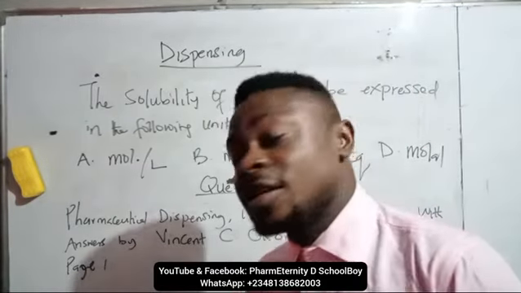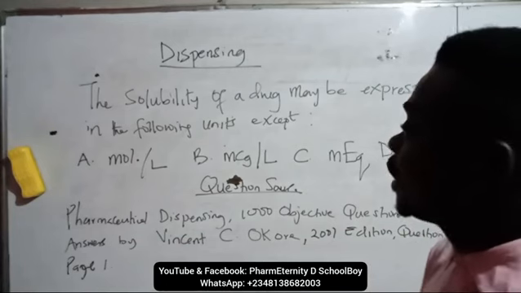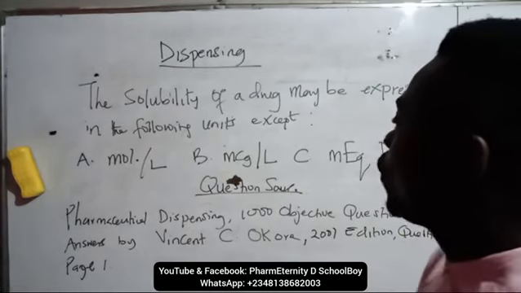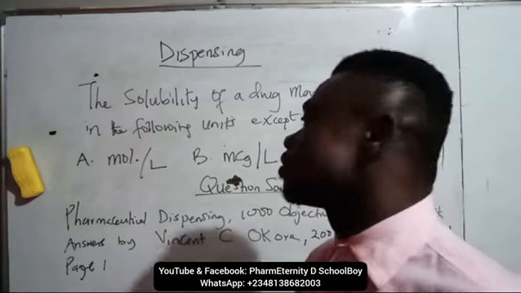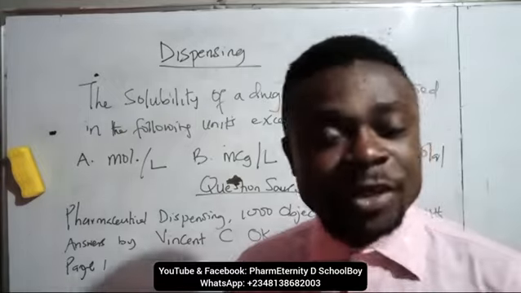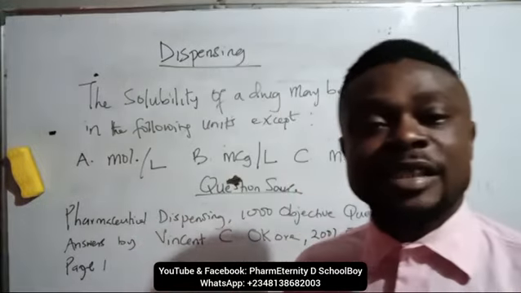Now let's look at the question again. The question says, the solubility of a drug may be expressed in the following units except the following options. First of all, we need to understand what solubility is.